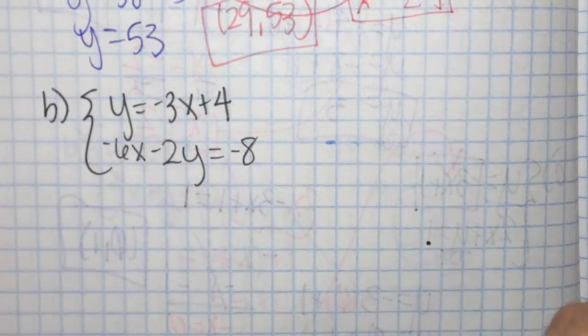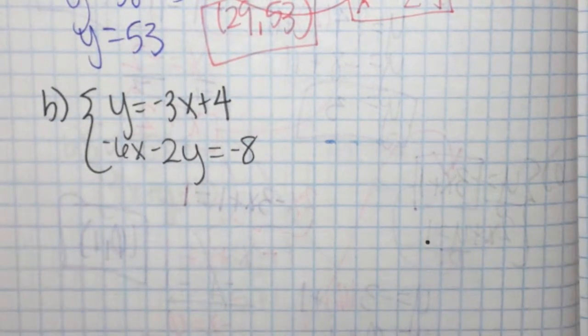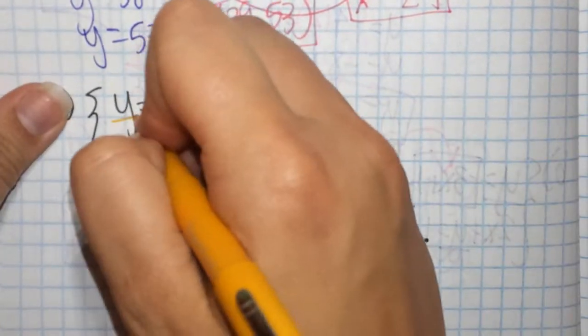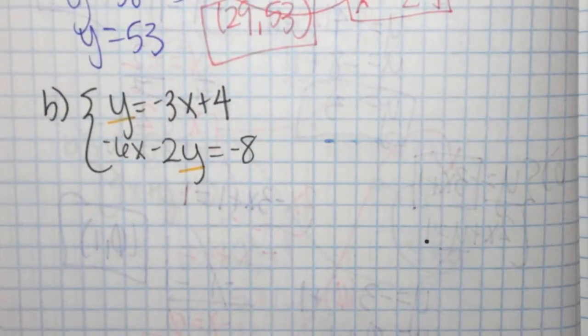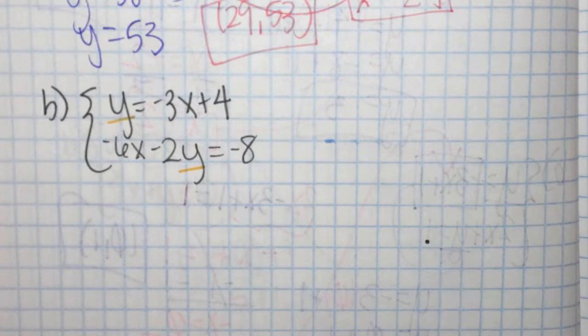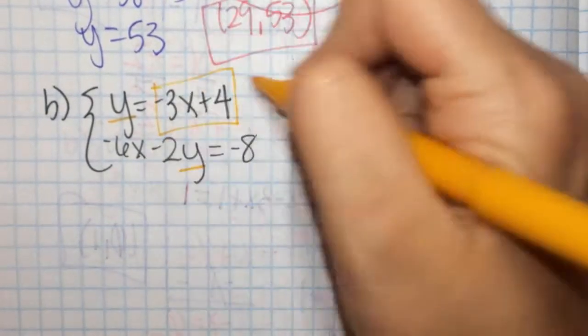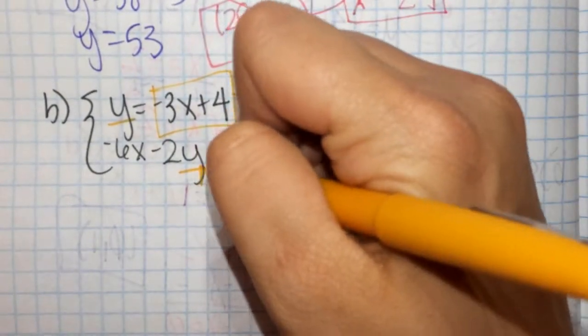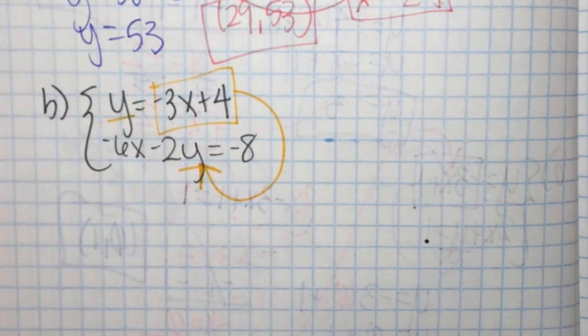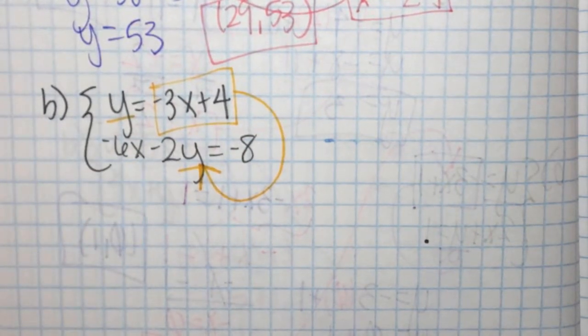Uh-huh. Alright, now, what letter is by itself? Alright, everybody underline our Y. Now, what does Y equal? And we're going to take what Y equals and we're going to plug it in right here. Now, do we have a number in front of Y this time? Yes, so we're going to have to distribute, which means we're going to have to put it in parentheses.